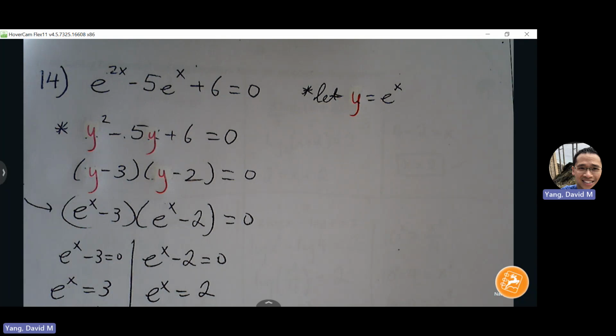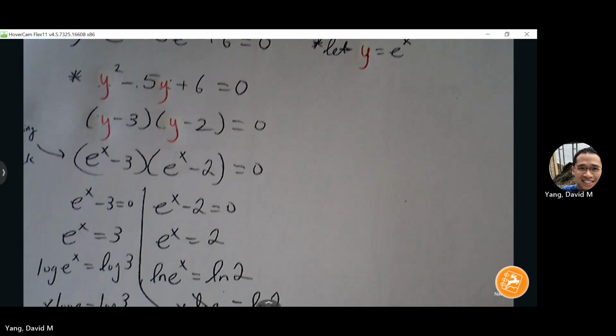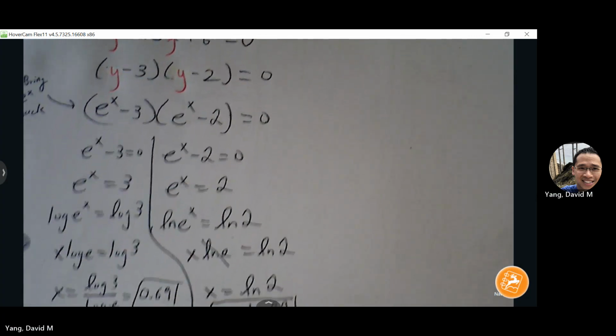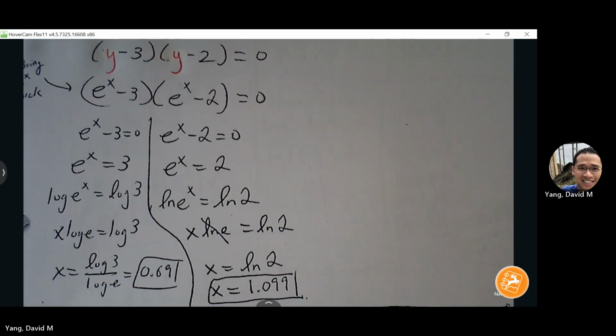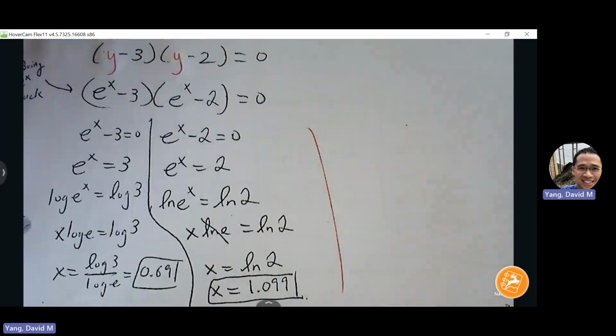Okay, recognize that as e to the x squared minus 5e to the x plus 6. Create an easier version of the factoring problem. Bring back your e to the x. Sorry, I worked it out a different way here.